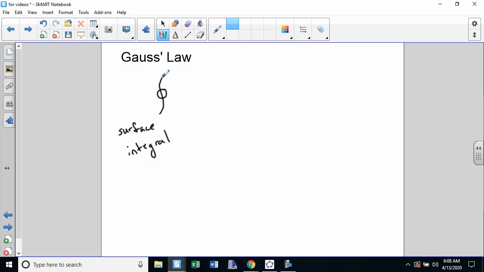So I'm going to take the surface integral of E dot A. This is the electric field, so I'm going to look at the electric field in all space dotted with the area vector. Very simply, the area vector is, if you have a shape, like what I'm going to try to do here, a square that's sort of tilted away from us a little bit so that we can see the area vector.